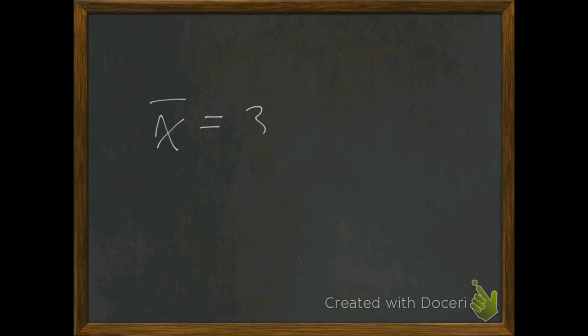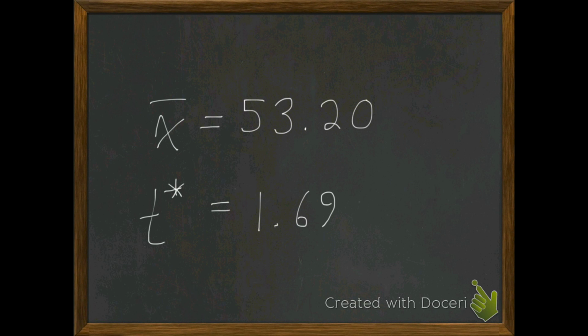So the x bar that separates the line in the sand is 53.20. So I've got a t critical of 1.69, I think, right? Let me make sure. Yeah. And a sample mean that corresponds to that of 53.20.